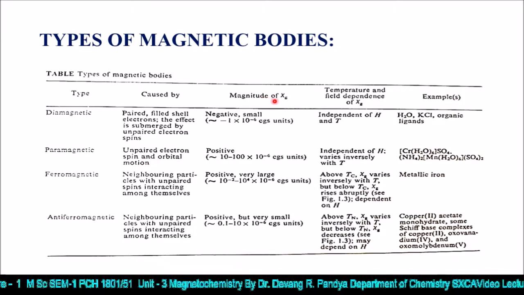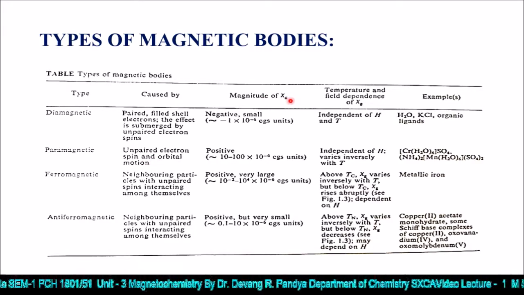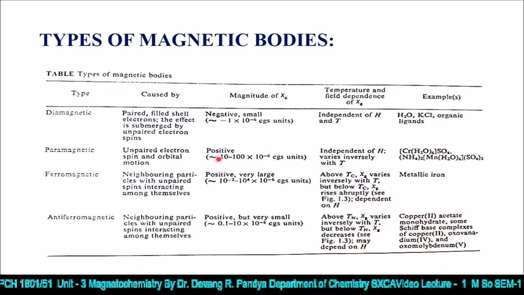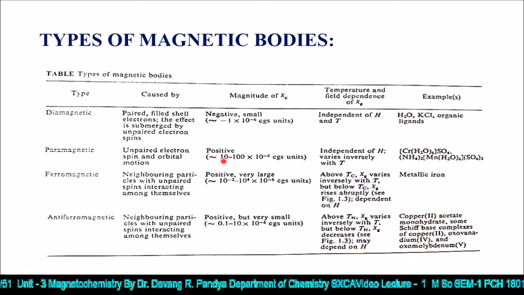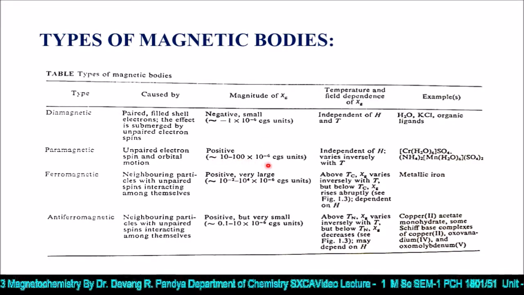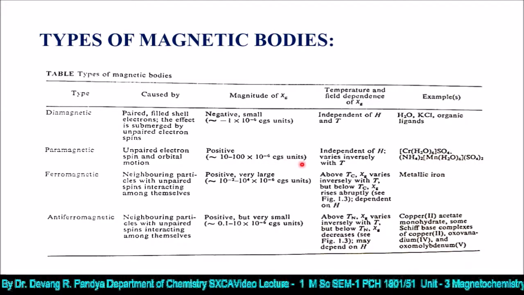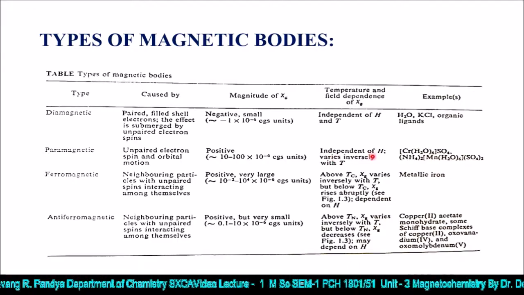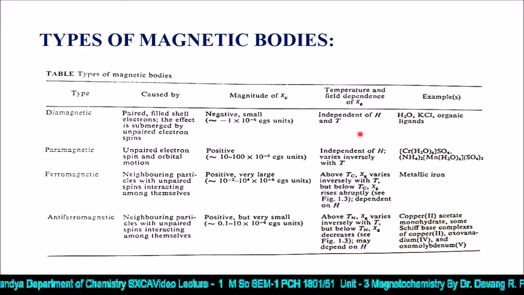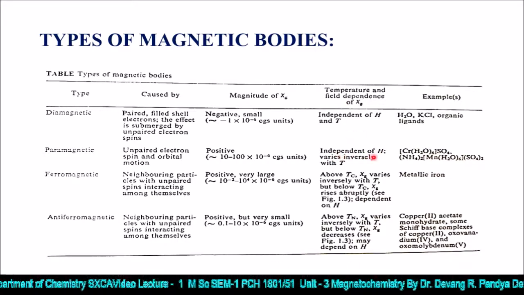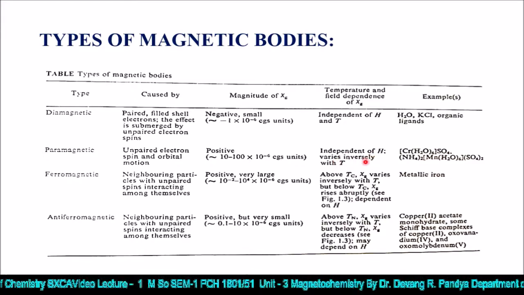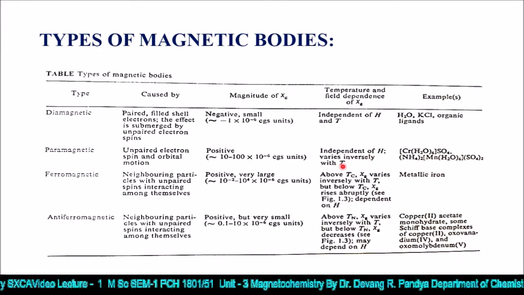The magnitude of chi_g, the gram magnetic susceptibility, is approximately 10 to 100 × 10^-6 CGS unit. As far as temperature and field dependence is concerned, it is field independent and varies inversely with the temperature.